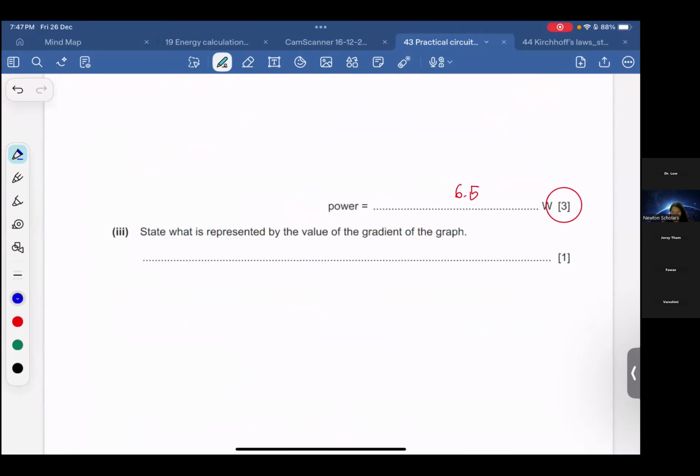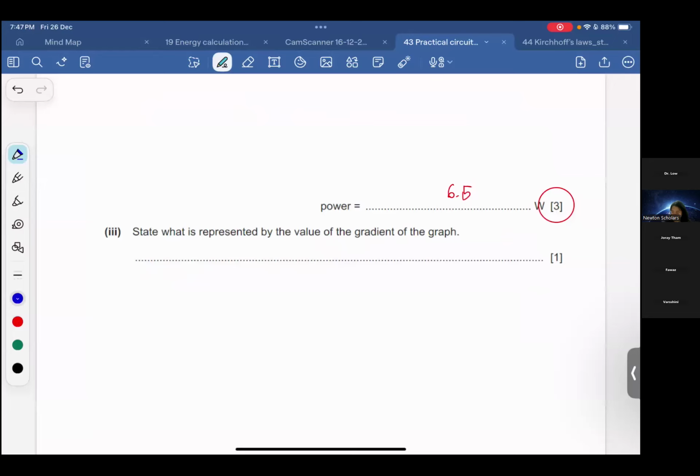Next, the value of the gradient represents what? Just now we told you the y-intercept is actually EMF.